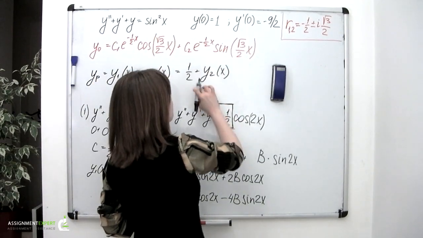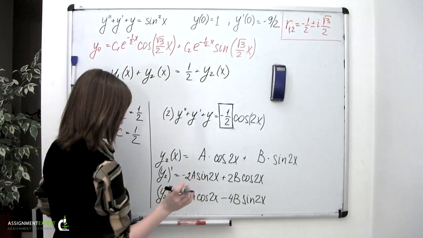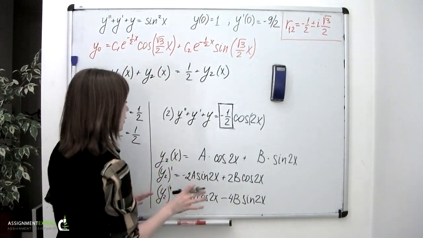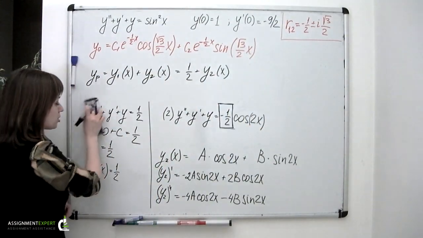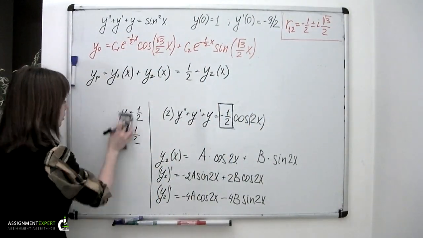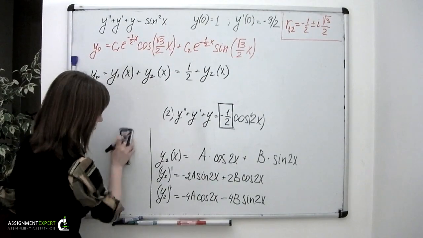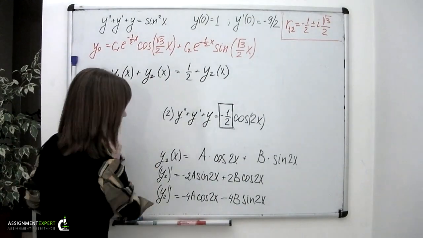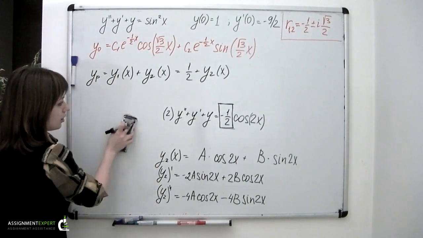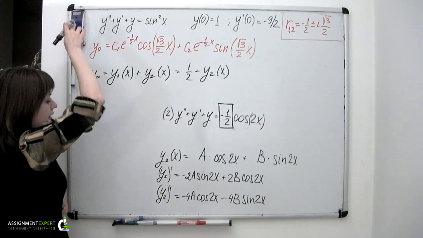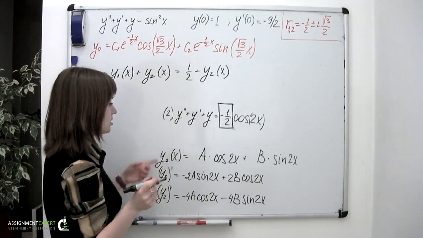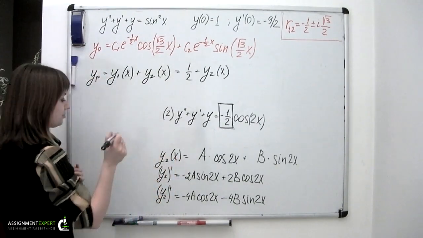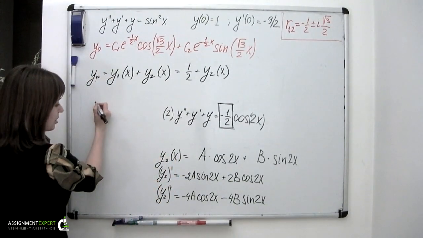And this summand is the one we're calculating right now. So I'm erasing this first equation, we won't be needing it anymore. Now we'll substitute these expressions into our equation and see what happens.